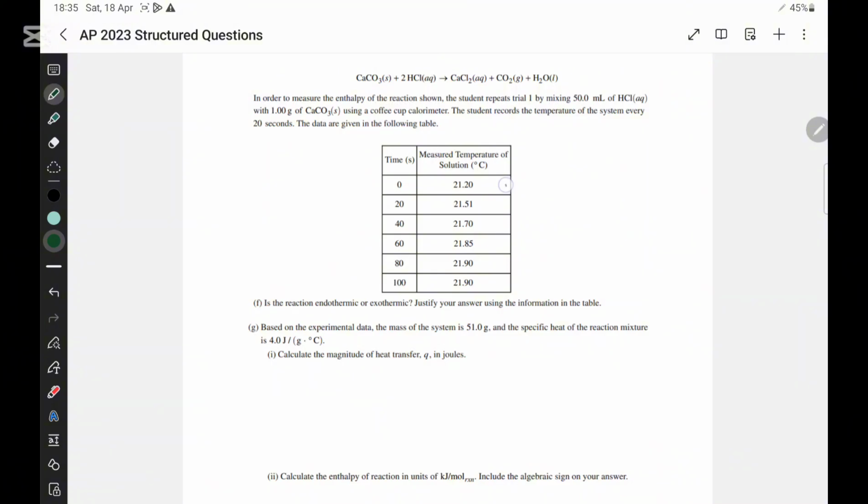You can see that the temperature of the solution is increasing, so it is going to be exothermic because the temperature of the solution is increasing. We can write: the solution temperature increases as the reaction proceeds.